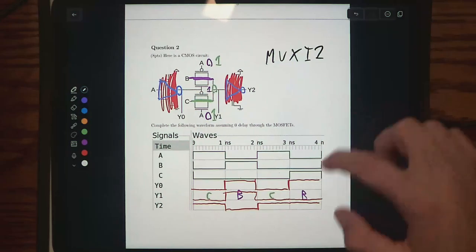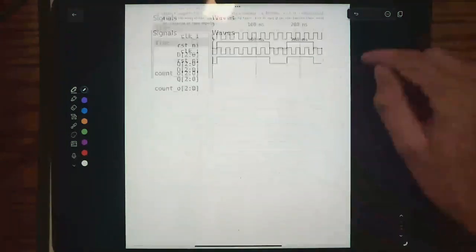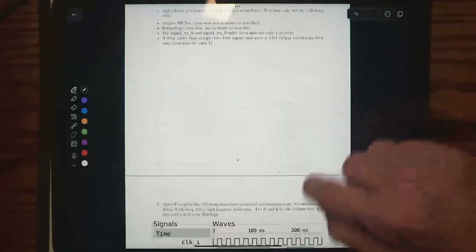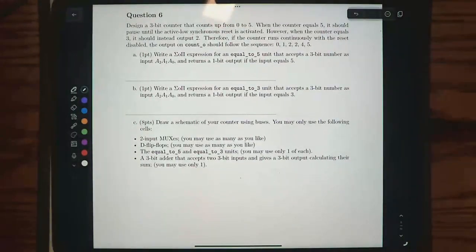All right. Cool. So I wanted to talk about now the counter question. This was also a question that I saw not everyone fully understood.